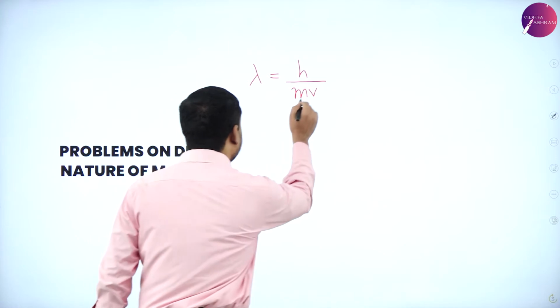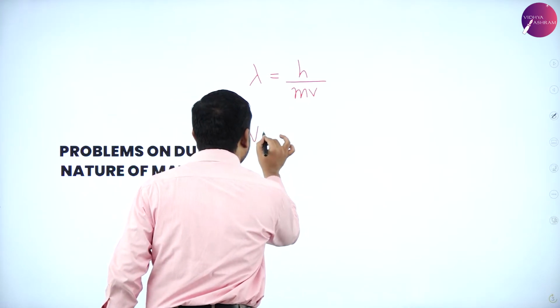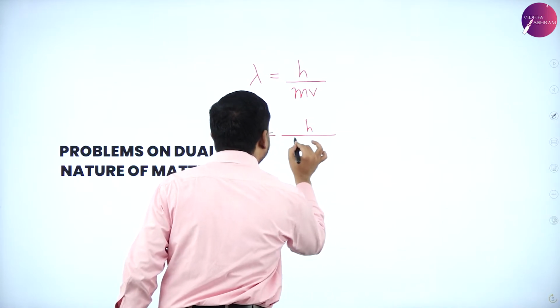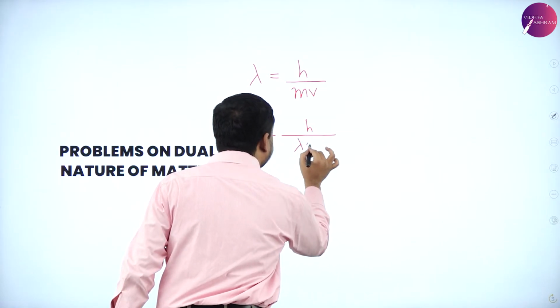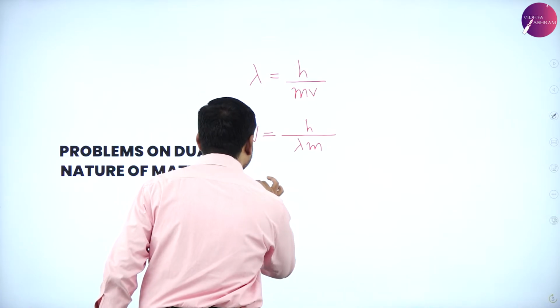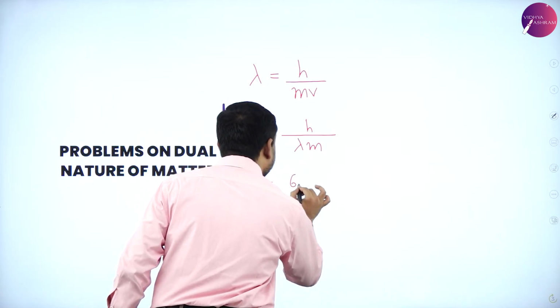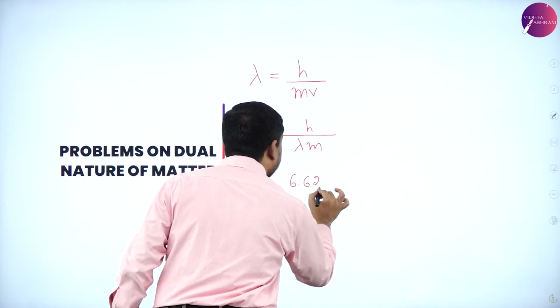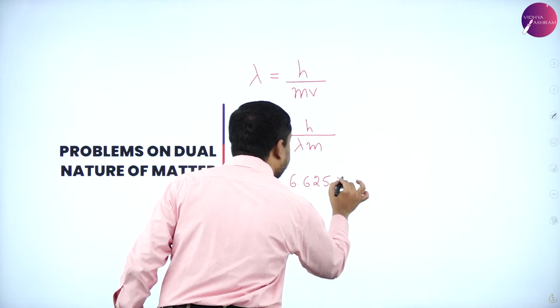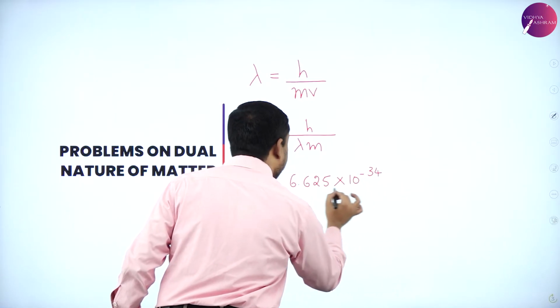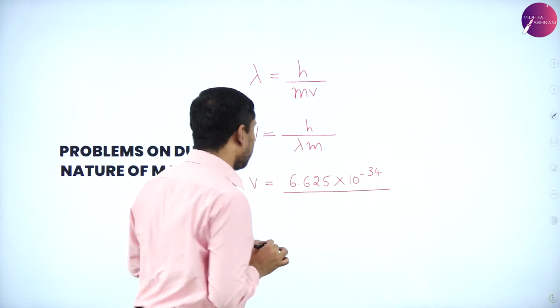So, I'll calculate the velocity as h divided by lambda m, or v equals 6.625 into 10 power minus 34.